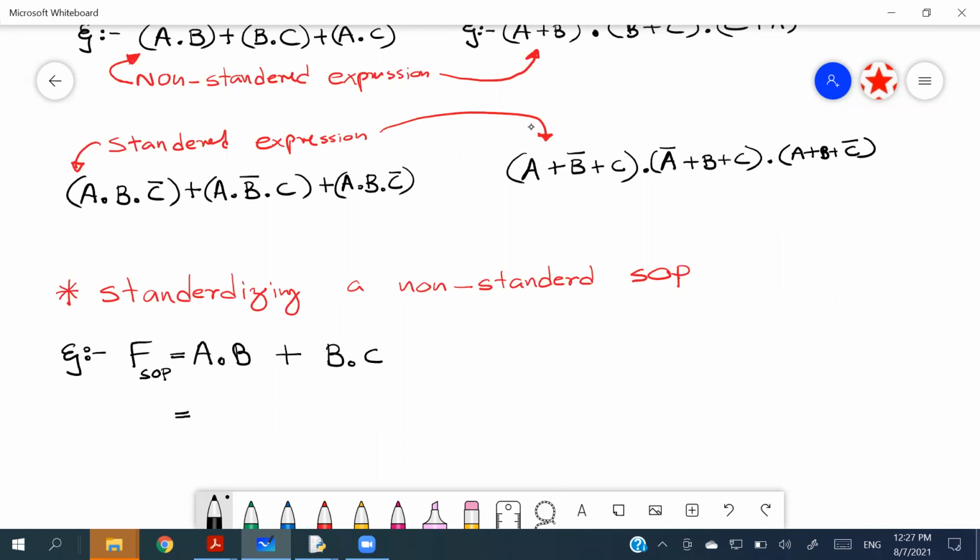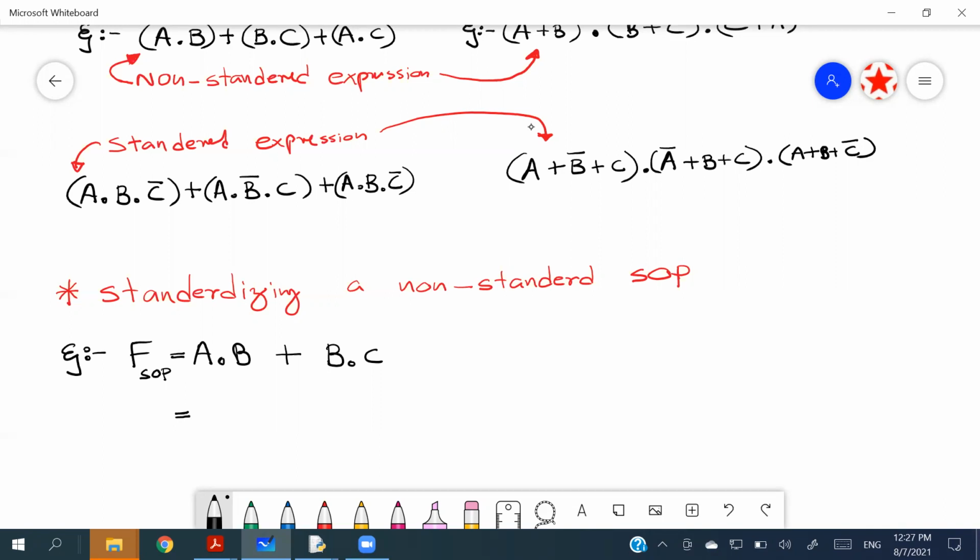So if you think mathematically, what is the number that we can use to multiply a term which will not change its value?